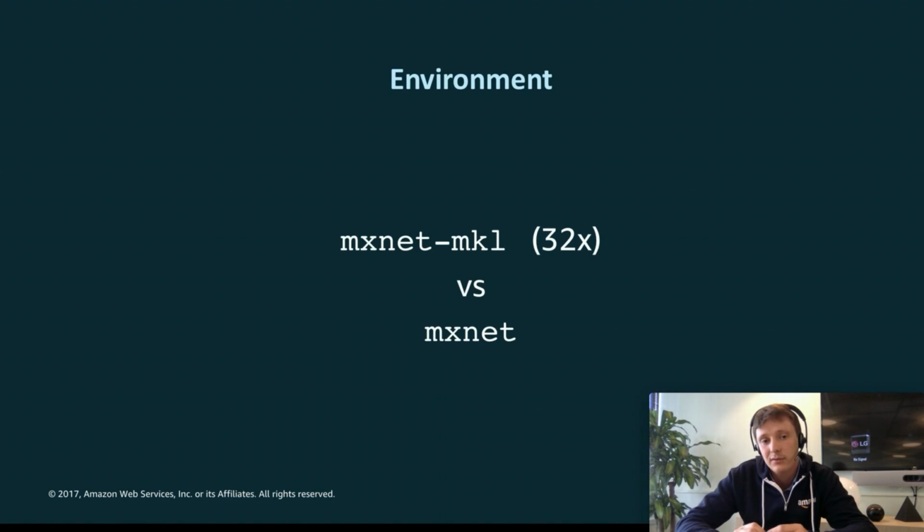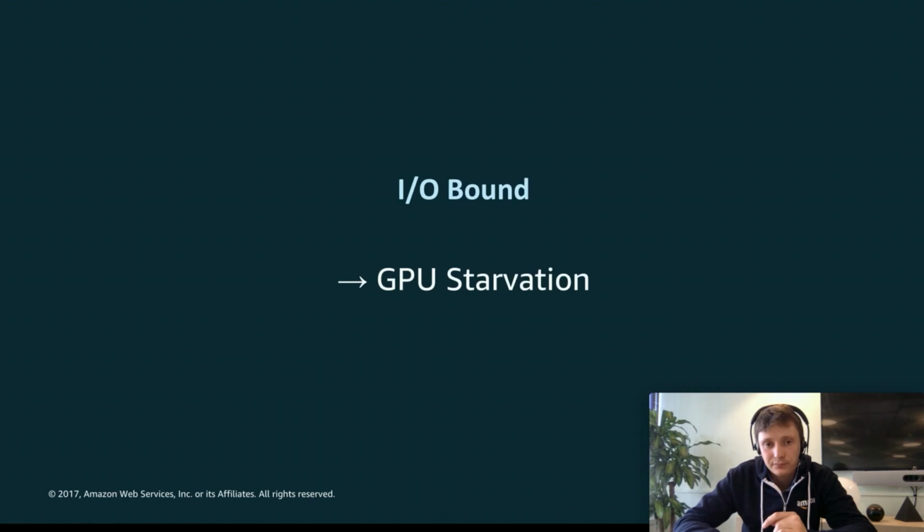So it's really massive. But even for GPU, if you use MXNet-CU92 versus CU90, which is the CUDA version, you can take advantage of the speed improvement that came with the later version of CUDA. So first thing, make sure that you're using the fastest version of MXNet that's available to you.